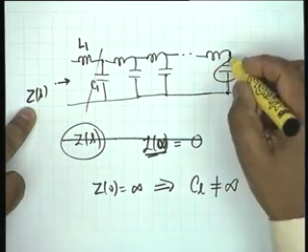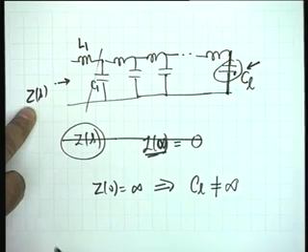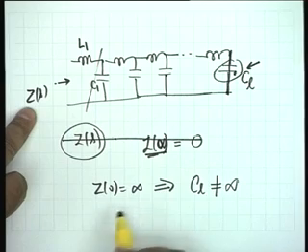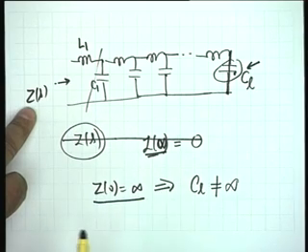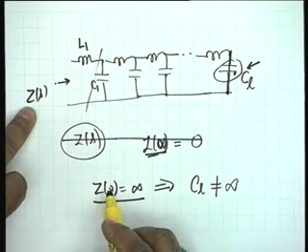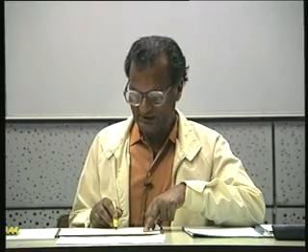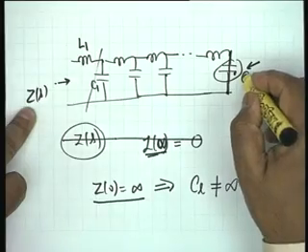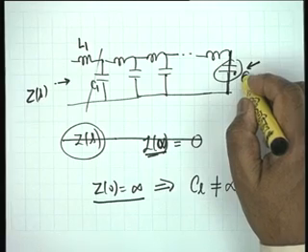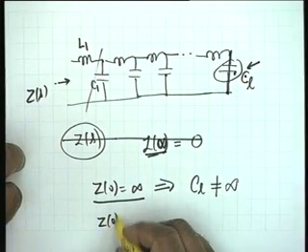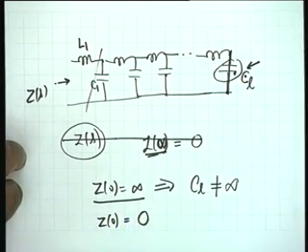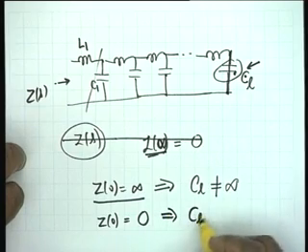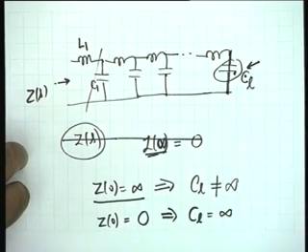If CL is not there, which means there will be a short, that is CL would be equal to infinity. Agreed? Okay. So if the original impedance had a pole at the origin, at s equal to 0, if the value was infinity, then obviously CL shall be there. On the other hand, if Z of 0 is equal to 0, this means that CL is equal to infinity. In other words, it is a short.